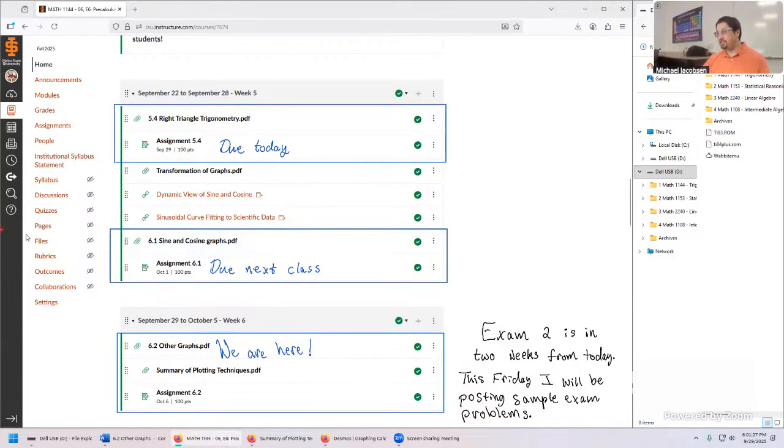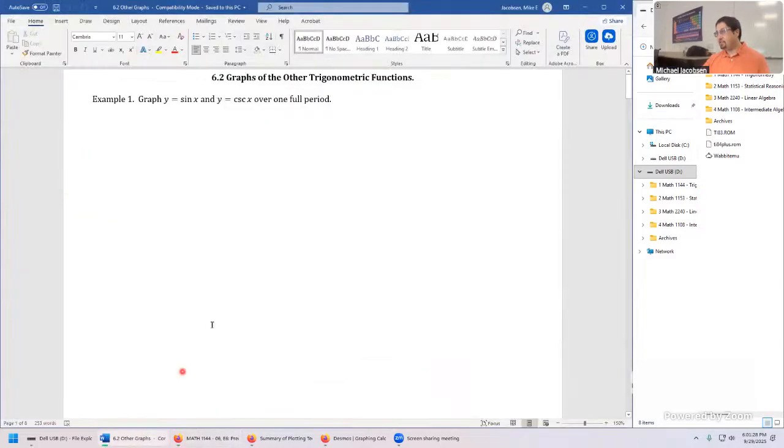Okay, well, here's where we left off. We jotted some things down, but I felt it was a good idea to erase it and start over fresh so we can get a good look at how to graph the cosecant function. First thing we want to do is relate it to the sine function.